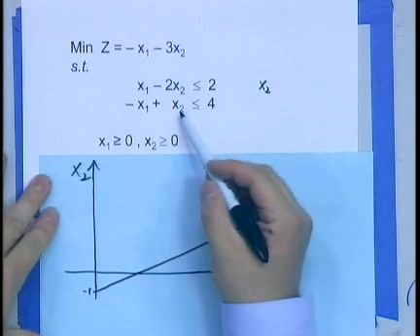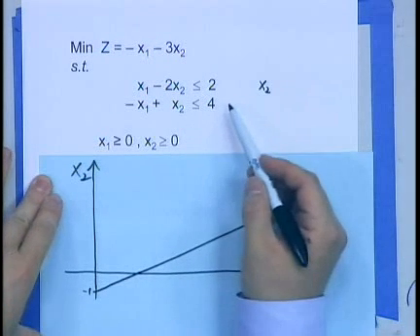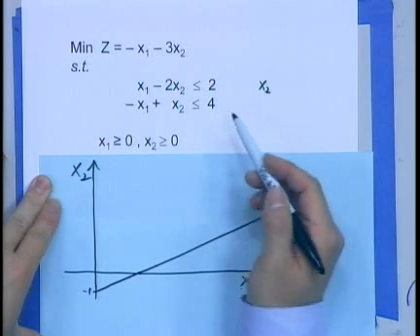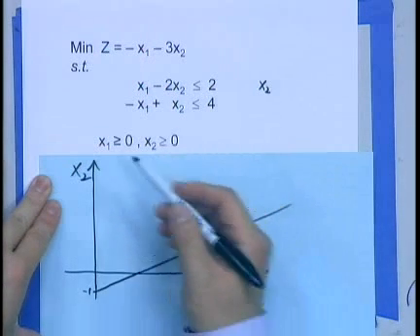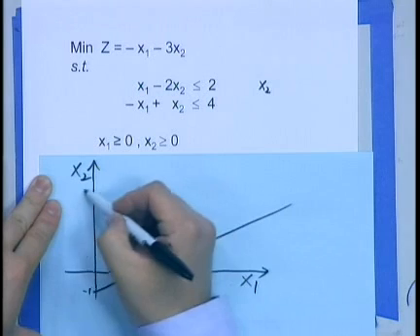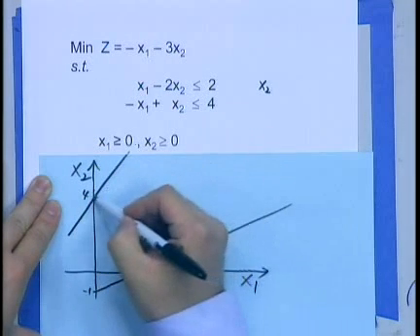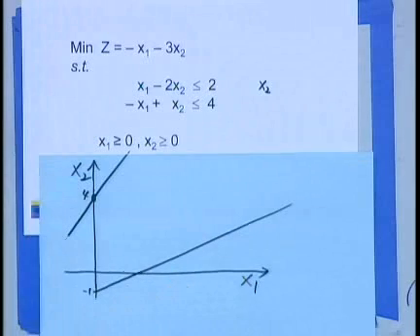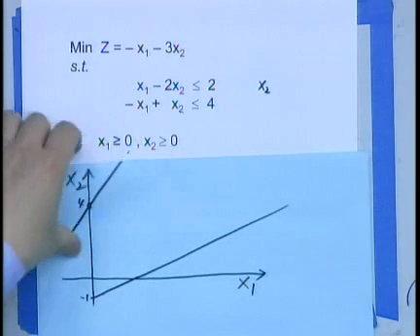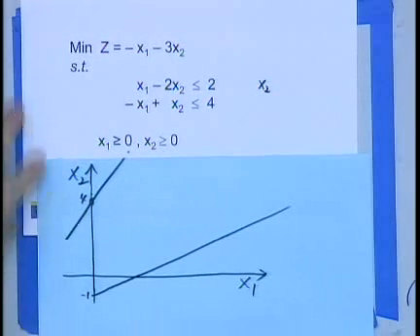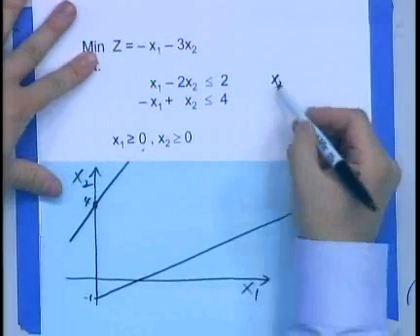And another one is x2 is less than or equal to x1 plus 4, right? So let's say this is 4. Is that correct?